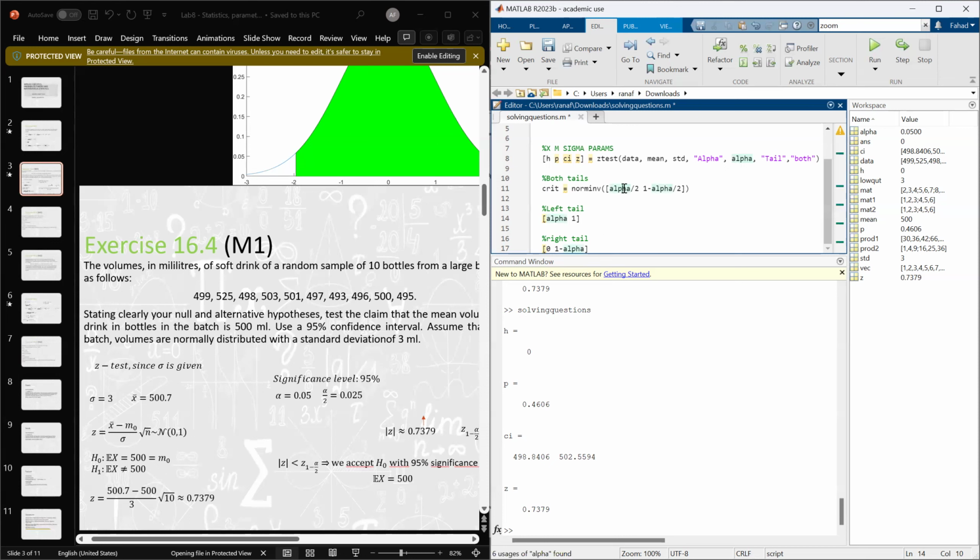The professor told me it's the exact same thing. So alpha divided by 2, 1 minus alpha divided by 2, or just saying 1 minus alpha divided by 2. Since I find it easier to remember it like this, I'm explaining it like this. Left tail and right tail also have two values.